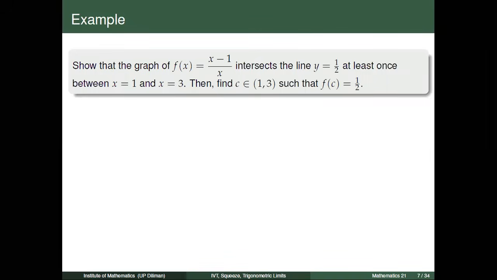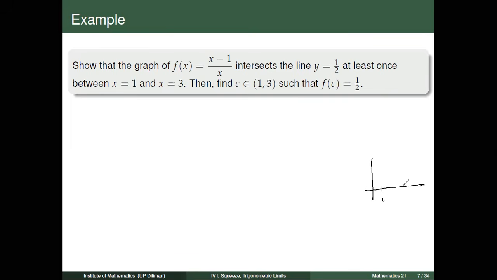Let's show that the graph of f of x equals x minus 1 over x intersects the line with equation y equals 1/2 at least once between x equals 1 and x equals 3. And we're also asked to find the value of c between 1 and 3 for which f of c equals 1/2.